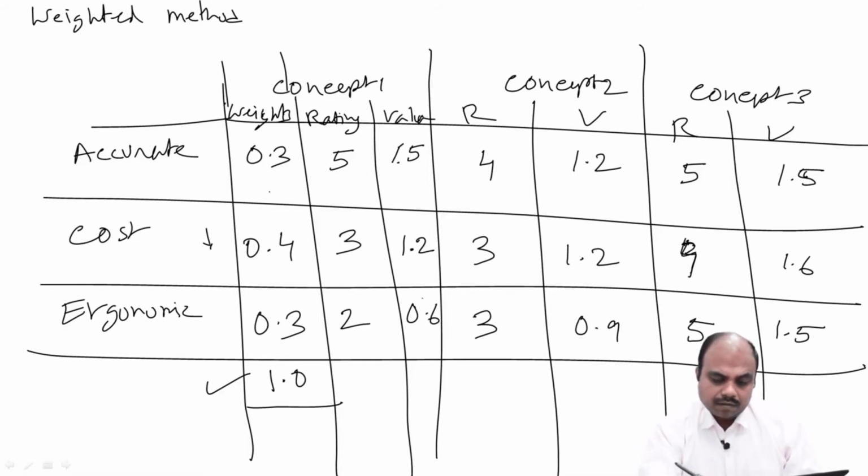So here 3.3, 3.3 and this is 3.6. So here you see that this one is the best one among all this.